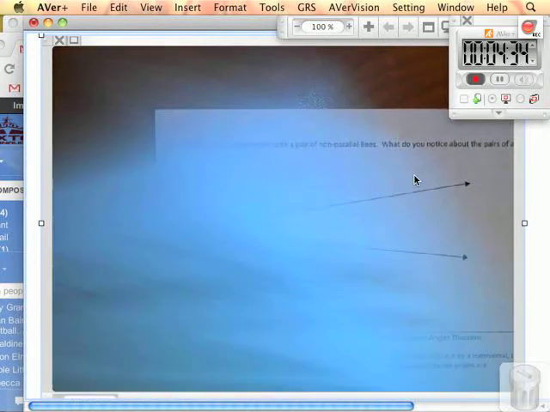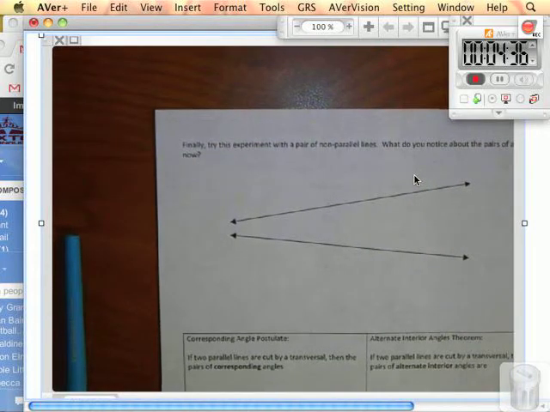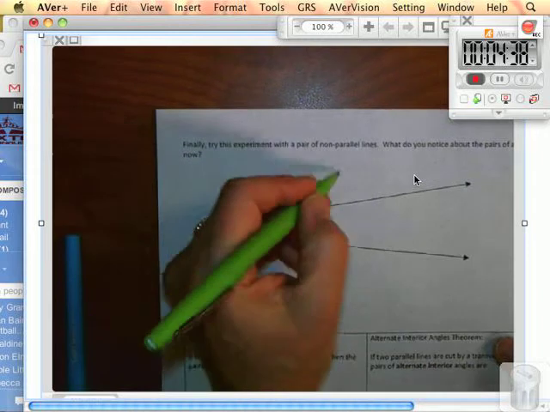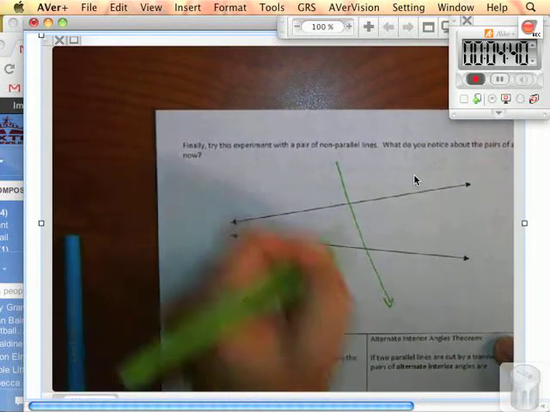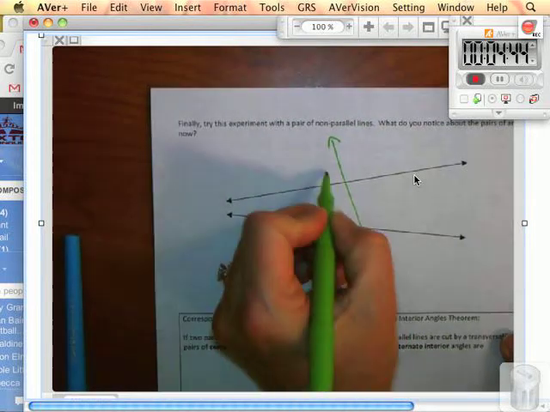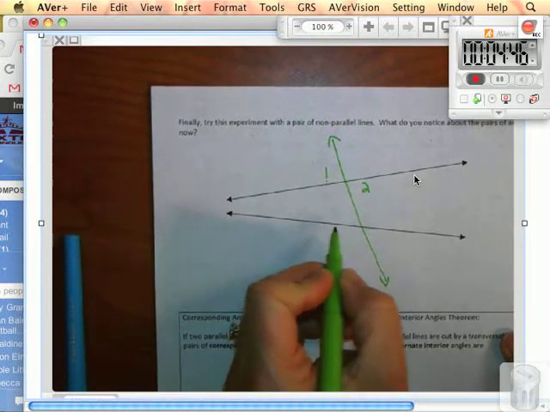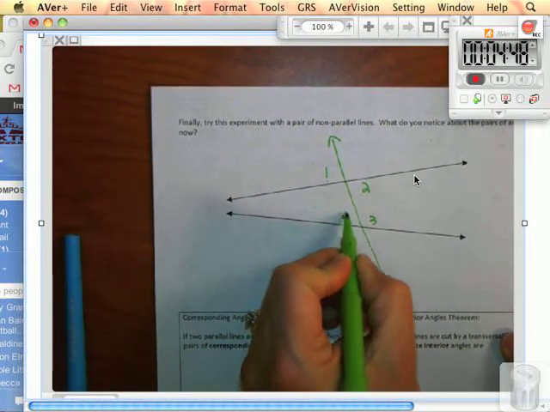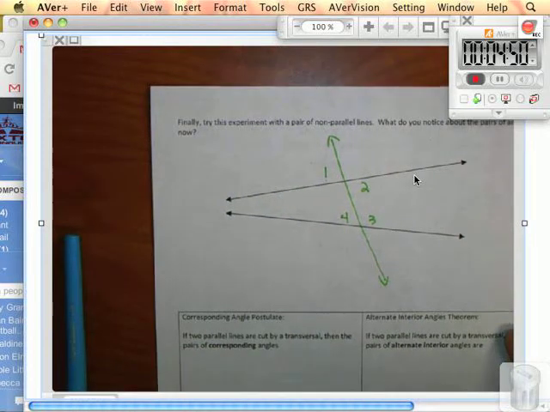Okay, non-parallel lines. Let's draw a transversal. I don't know why I numbered it like that, but I did for some reason. Doesn't make sense to me.